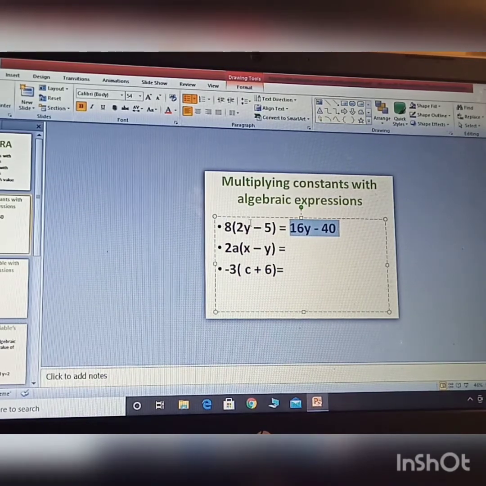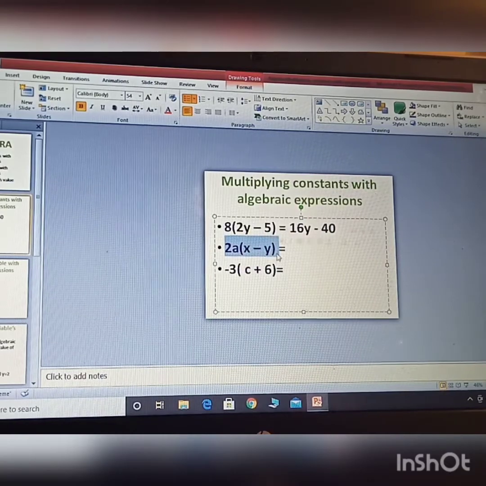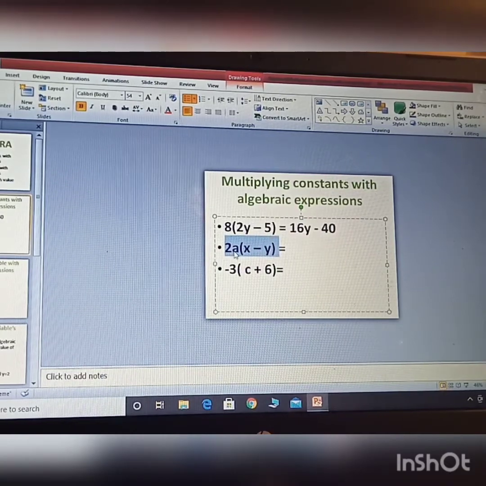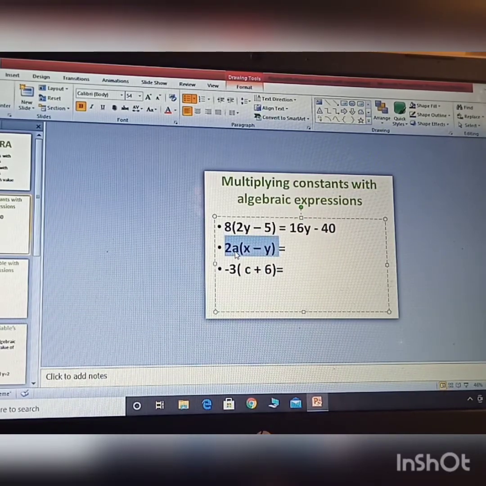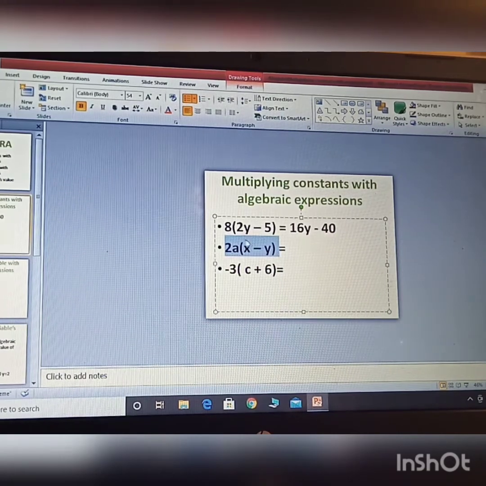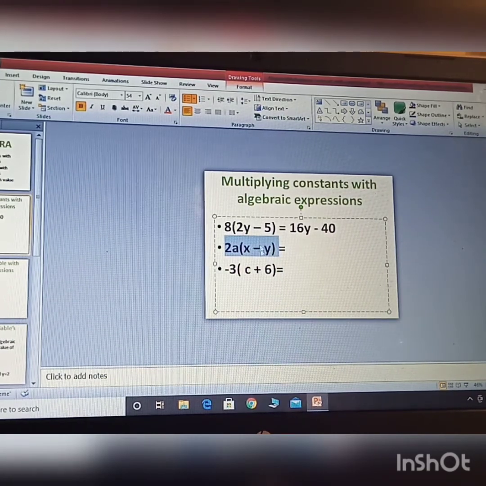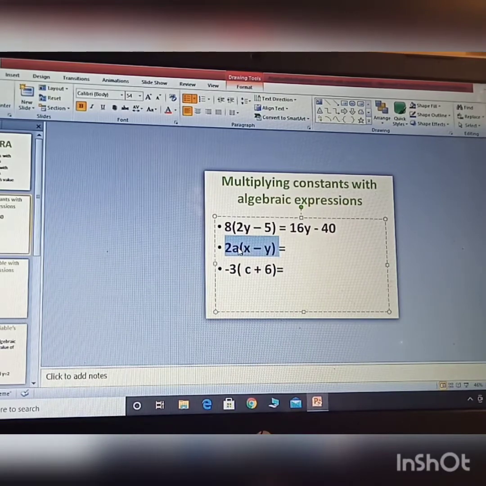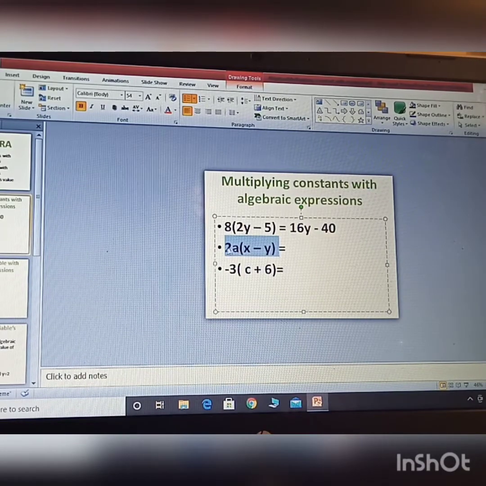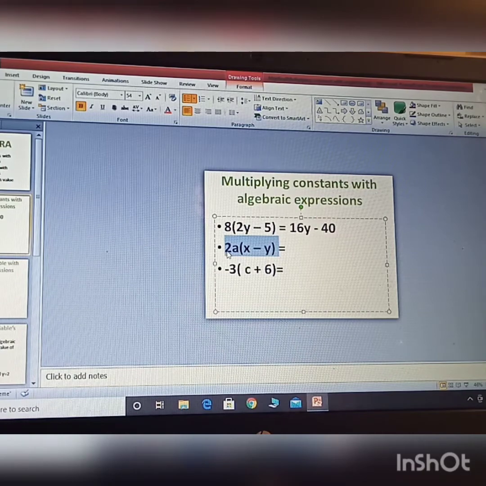We have multiplied the constant with the whole expression. Same is the case with this second example. What you are supposed to do, 2a is the constant here, and you are to multiply it with the first term and then the second term. And again I will say that you are to multiply their signs as well.